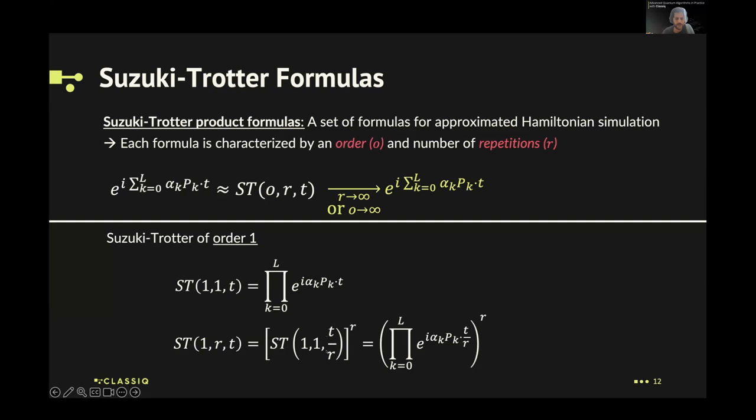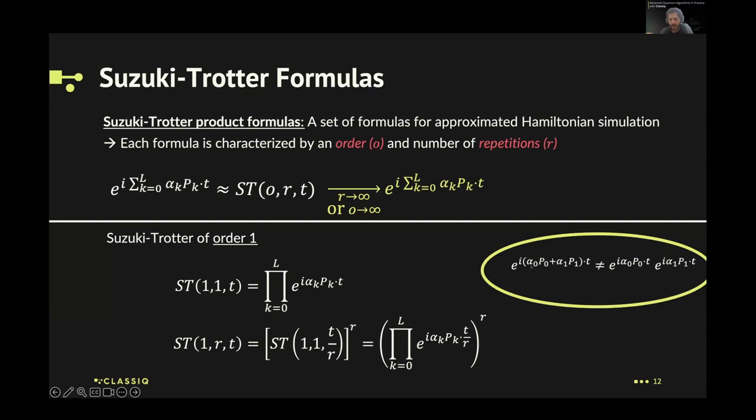So I partition time by R, and then I repeat my formula R times. So here, this is Suzuki-Trotter with time T over R, repeated R times. I told you before that this equation does not hold; there is an inequality here in general. And the first-order Suzuki-Trotter says, okay, let's approximate this by that.